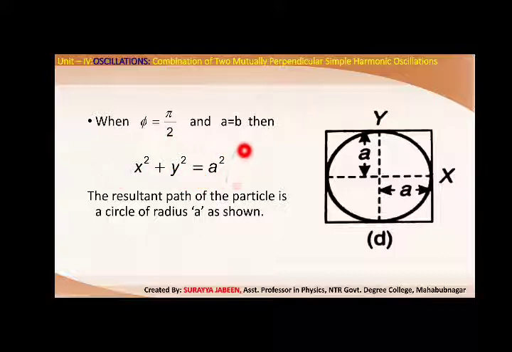You know that this is the equation for a circle. You have an idea that this is an equation of a circle where the radius of the circle is A. So x square plus y square equal to A square. This can be represented by this figure here. So this is the radius of the circle.